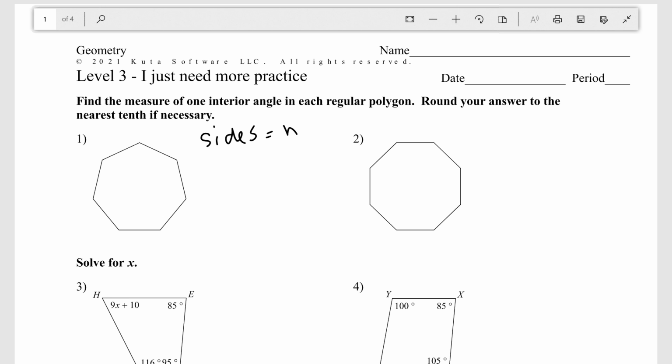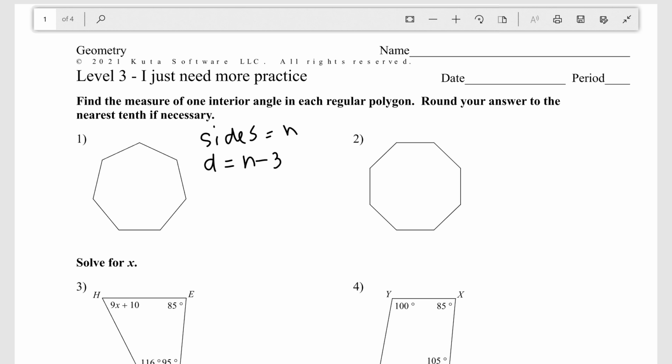So remember, if we have a certain number of sides, we said let's set that equal to n. We found our interior angle total by creating diagonals and creating triangles within our polygon. So if I'm looking for the number of diagonals that gets created, remember that was n minus 3.